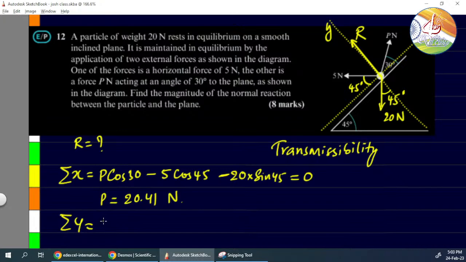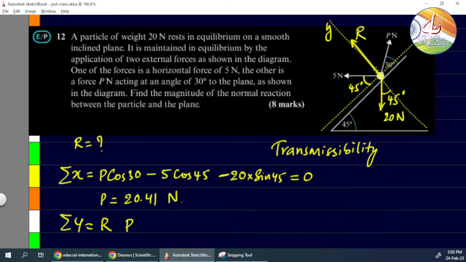So if you take sigma y, R is in positive y direction. Then components of all three forces we have to take in y direction. So one by one let's take. What is the y component of P? This component, no?